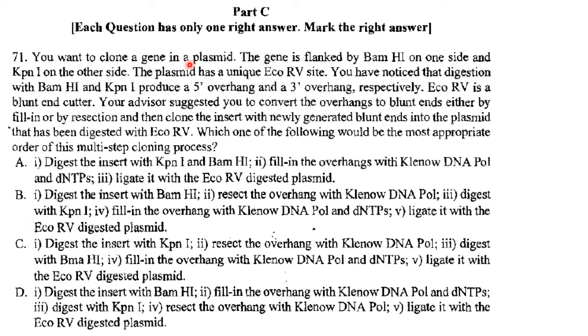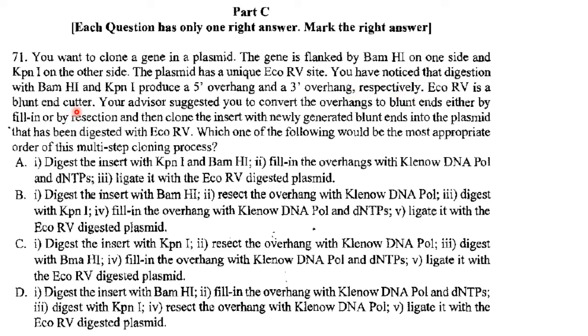You want to clone the gene in the plasmid, and this gene is flanked by BamHI on one side and KpnI on the other side. So KpnI and BamHI restriction produce cohesive ends, and the plasmid has a unique EcoRV site. You have noticed the digestion with BamHI and KpnI produce 5' overhangs and 3' overhangs respectively. Yes, and EcoRV is a blunt end cutter.